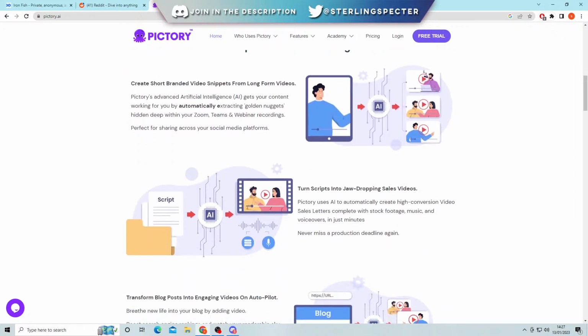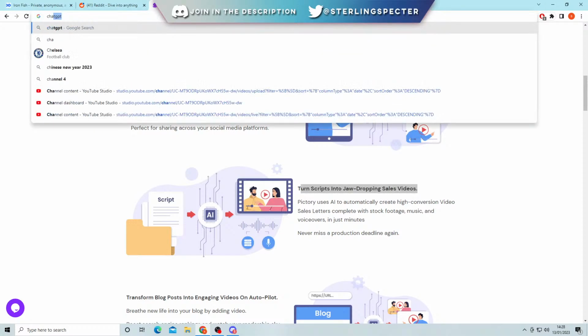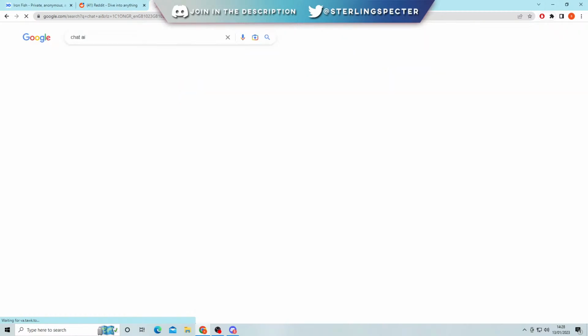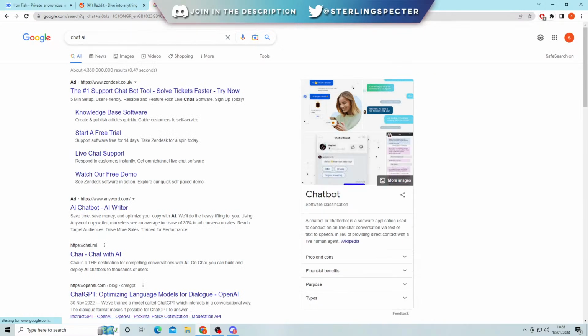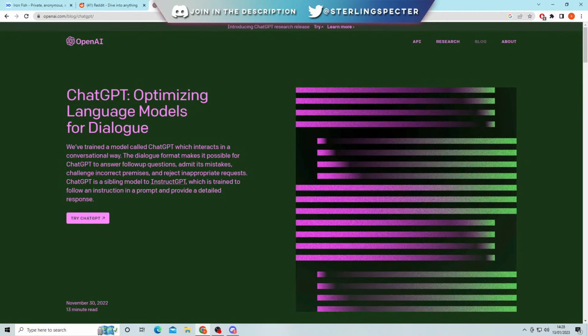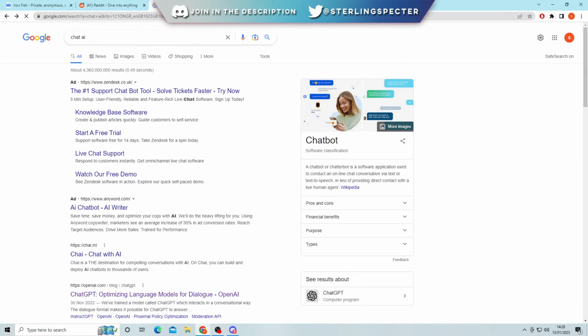And it also says that it can turn scripts into videos, which would be good to see. It's kind of like that chat AI. Is it called Chat AI? Something like that?